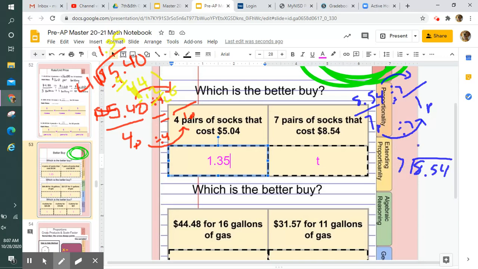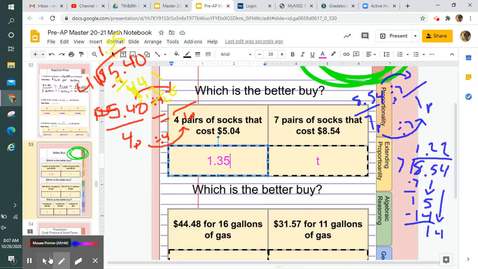So 7 goes into 8 one time, minus 7, 1's left over, bring down the 5. 7 goes into 15 twice, it's 14, 1's left over, bring down this 4, and 7 goes into 14 twice. So the second set here is $1.22 per sock.